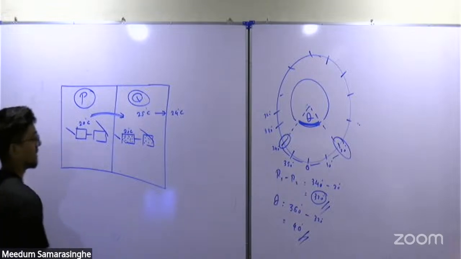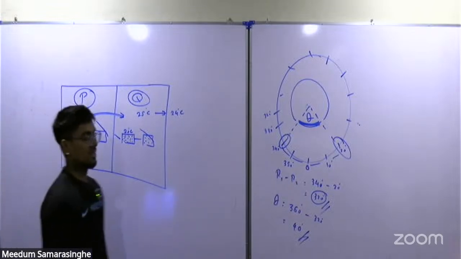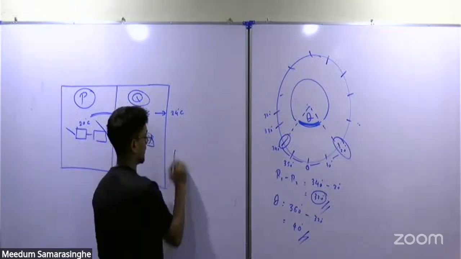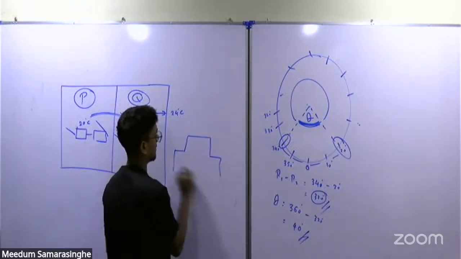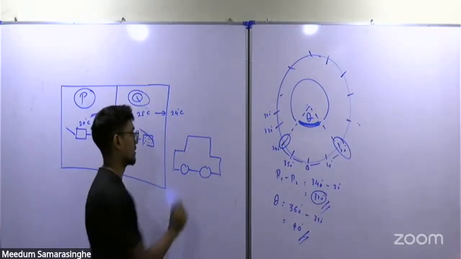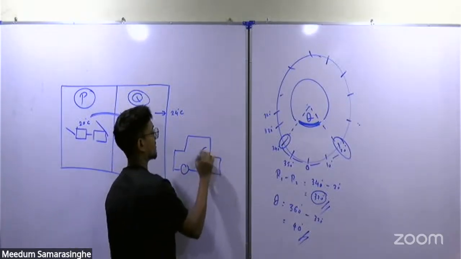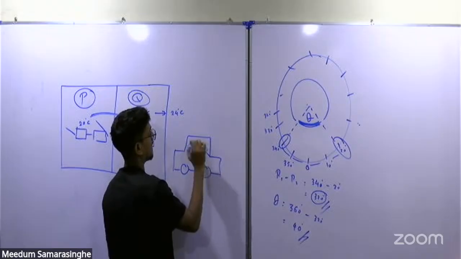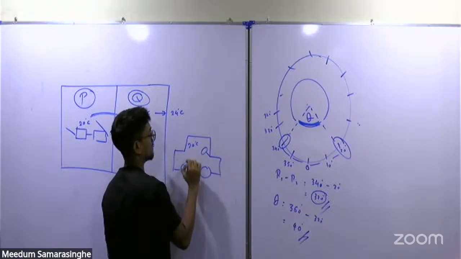To make you observe that, let's say this is your vehicle, this is your car. You are going on a trip to, let's say, Anuradhapura, and the AC is working. Let's say the temperature inside the car is 20 degrees Celsius.